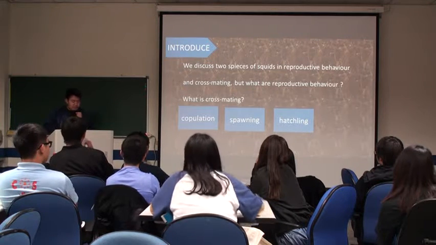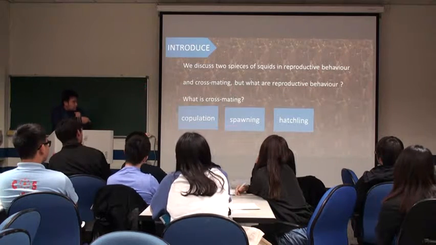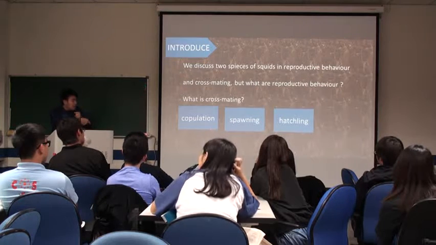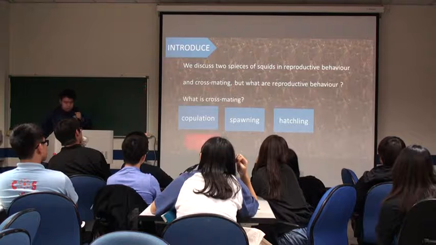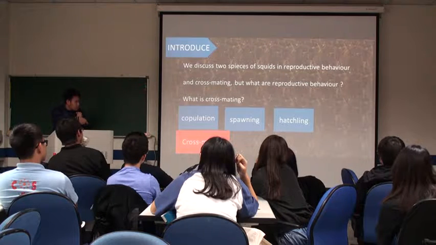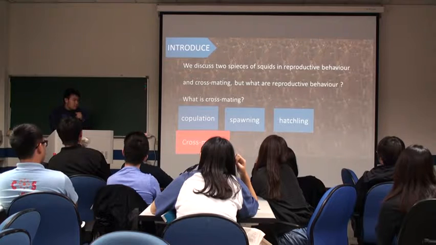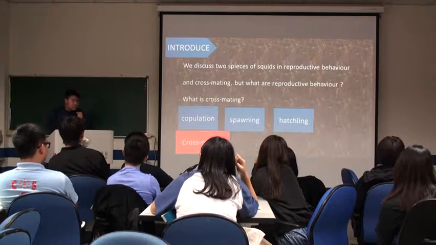Copulation means mating, spawning means laying eggs, and hatchling means larvae. And cross-mating, we look at the word: it means we force different species to mate together.